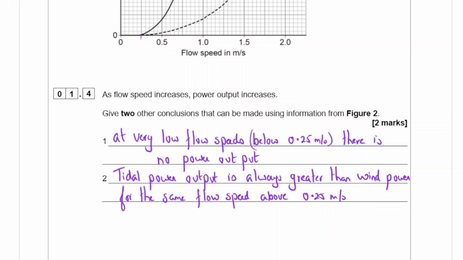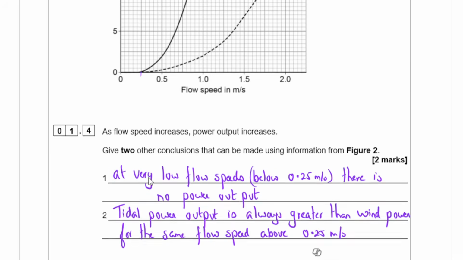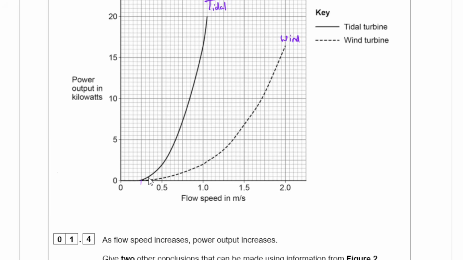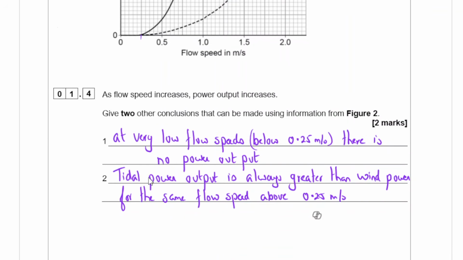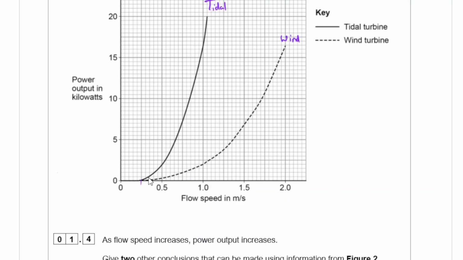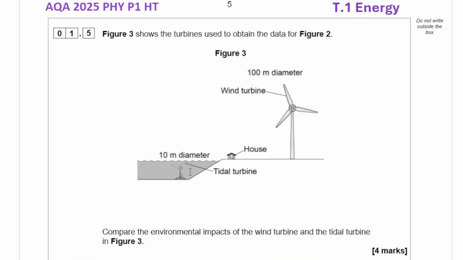The other thing that you can say is that a change in the flow speed for tidal power makes a bigger difference than a change in the wind flow speed, because the line is actually much steeper as well. Right, let's have a look at the next question.